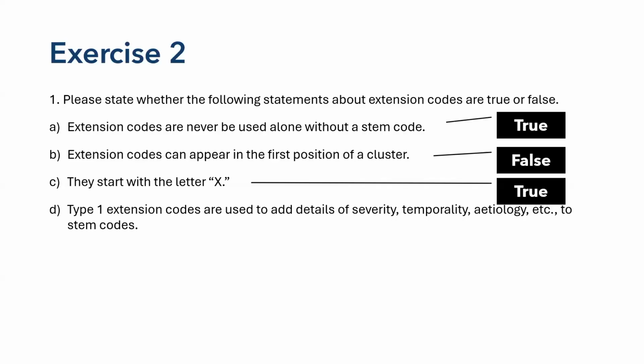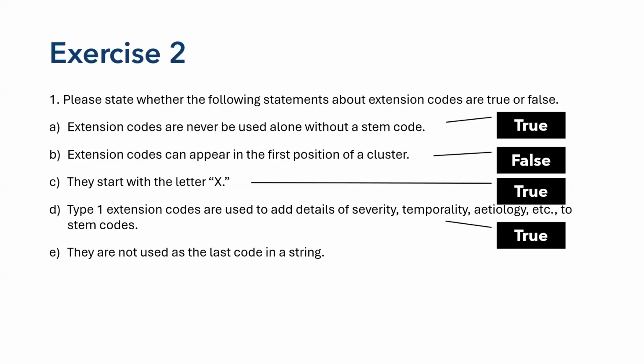D. Type 1 extension codes are used to add details of severity, temporality, etiology, etc. to stem codes. Yeah, this is also correct. I explained to you about the types of extension codes. There are type 1 extension codes and type 2 extension codes. E, they are not used as the last code in a string. Now, this is false.